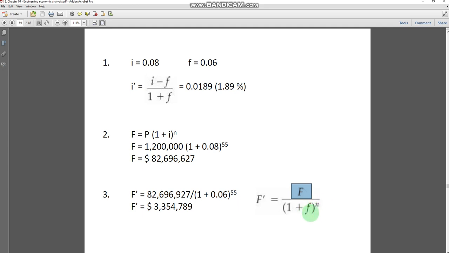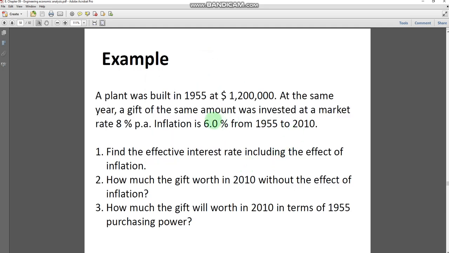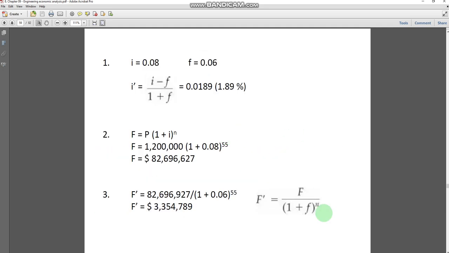Now what is the inflation that is given in the question? That is almost 6%, okay. This is the 6% that we have to include here. The number of years is 55, as I have just shown you, okay.